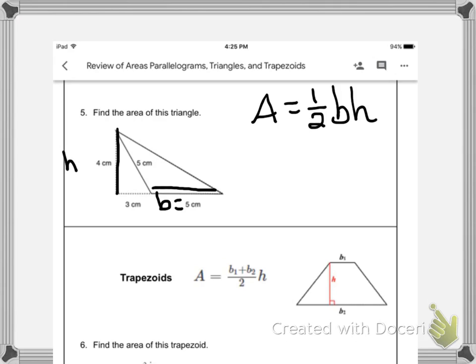The height for this triangle is 4 centimeters. Don't worry about the rest of the numbers. We just need the base and the height. Area will equal then 1/2 the base, which is 5, times the height, which is 4.